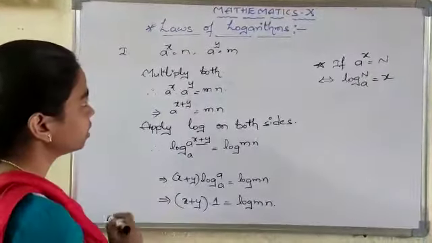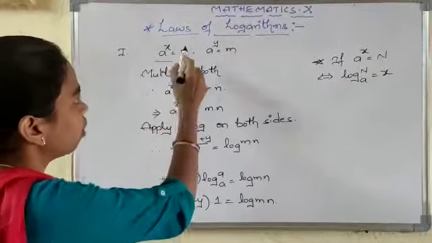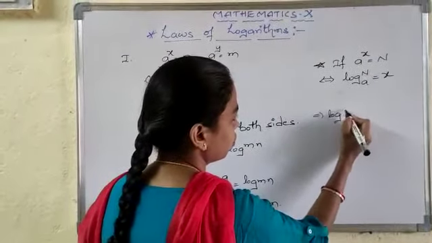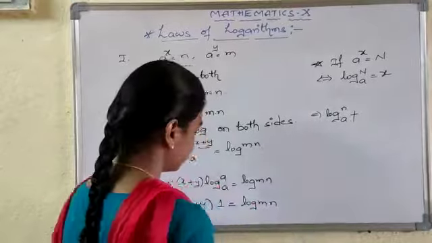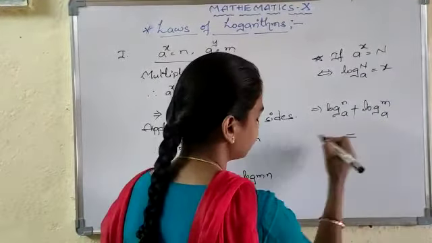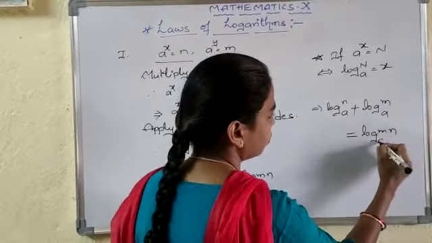So here we know that already from this, here x is nothing but log n base a, plus log m base a, that is equal to log m into n.